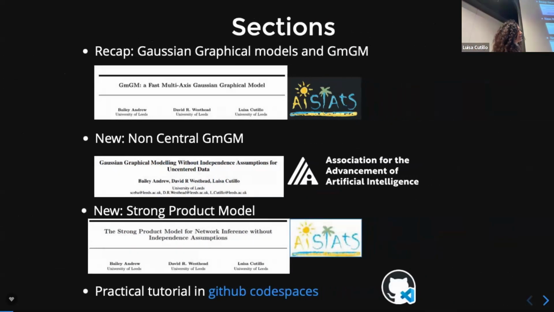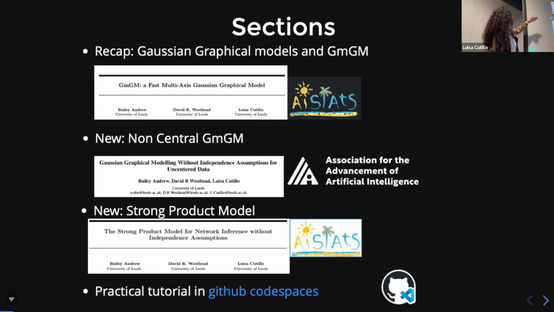So the sections of the talk are as follows. Last year we gave a talk on the first version of our methodology. It's called GMGM. So we will start with a recap on Gaussian graphical models and this methodology, the fast multi-axis Gaussian graphical model.